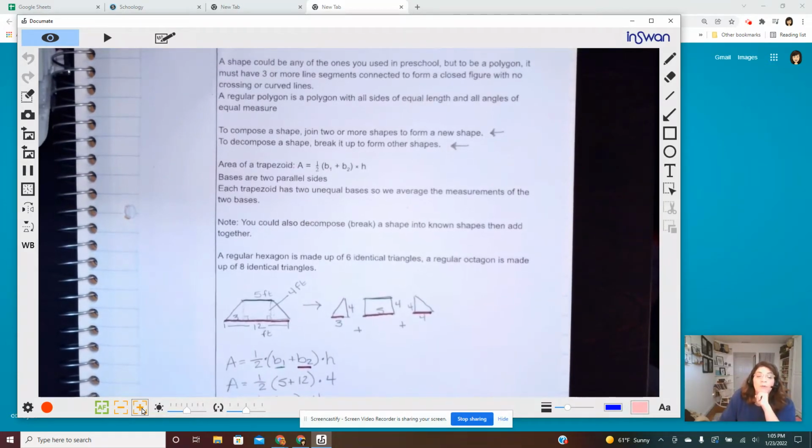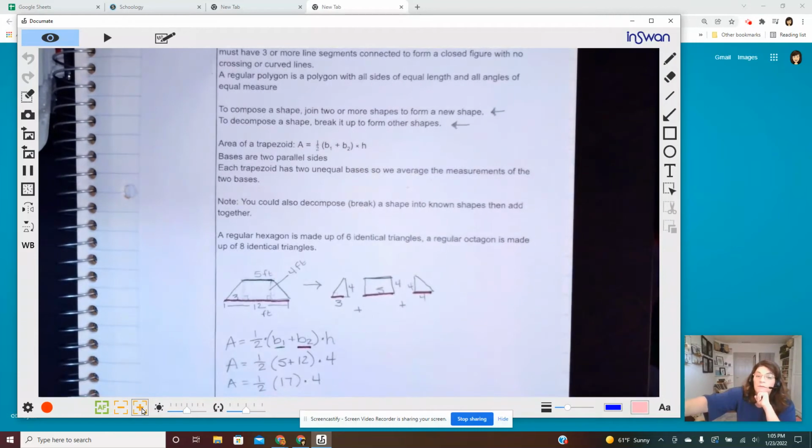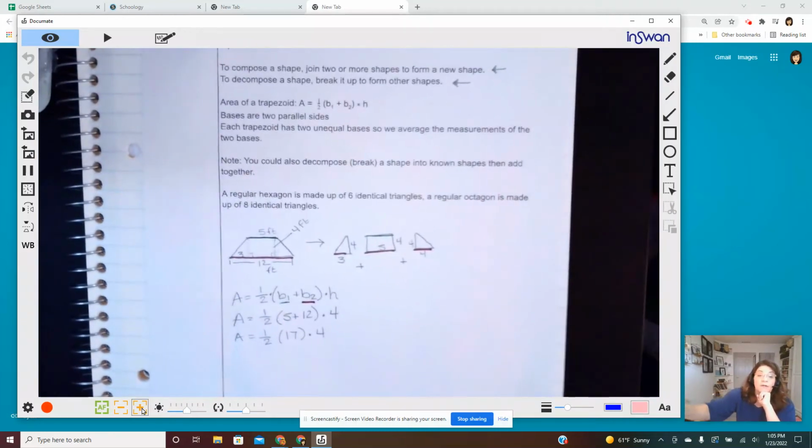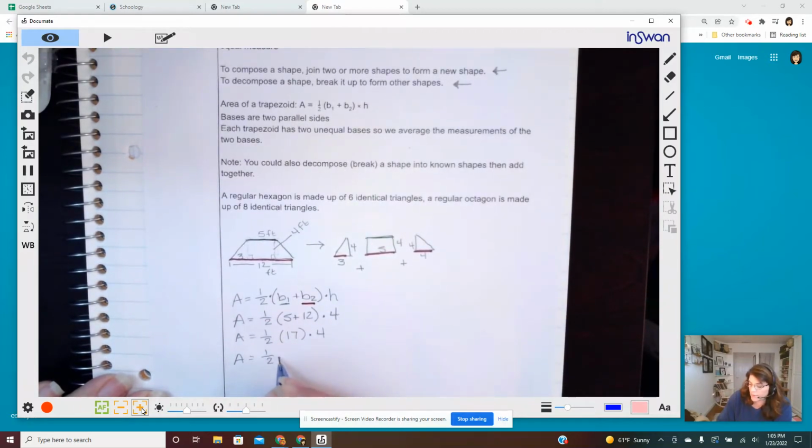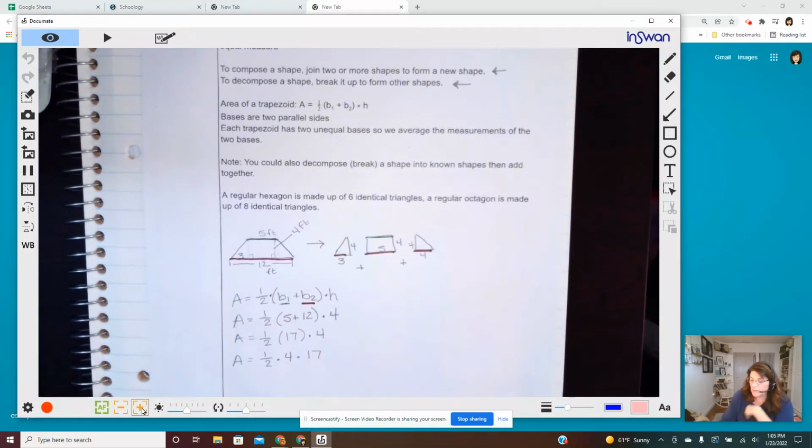Now here's where commutative property becomes at least my best friend. You can decide what you think about it. Area equals 1/2 times 4 times 17. They're all being multiplied, so it doesn't matter what order, except that I can do 1/2 times 4 in my head.